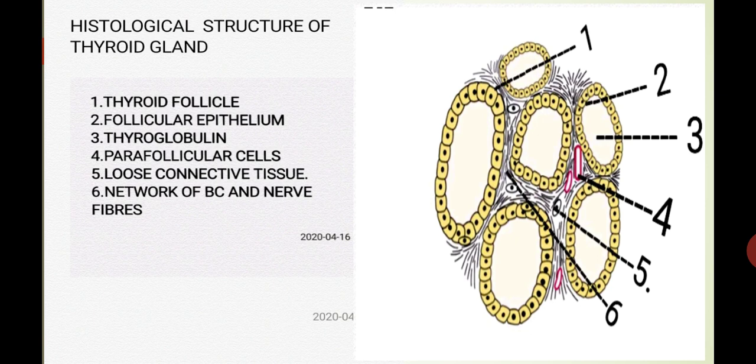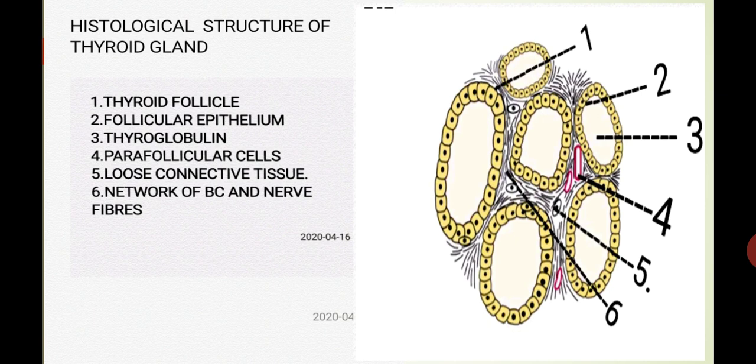See the points once again. In the histological structure of a thyroid gland, it shows millions of rounded bodies called thyroid follicles or thyroid vesicles or acini. This thyroid follicle is internally lined by an epithelium called the follicular epithelium. Internally, each follicle is filled with a fluid or substance called thyroglobulin.